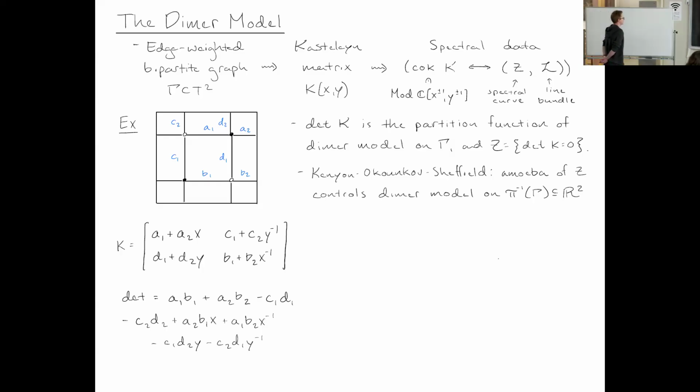And the determinant of the matrix, which is down here, up to some signs, gives the partition function for the dimer model. So for example, one example of a perfect matching on this graph would consist of that horizontal edge and that horizontal edge. The weight is A1 and B1, which is that first term there.